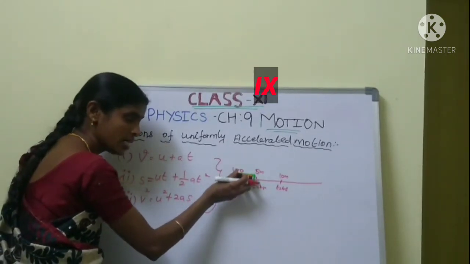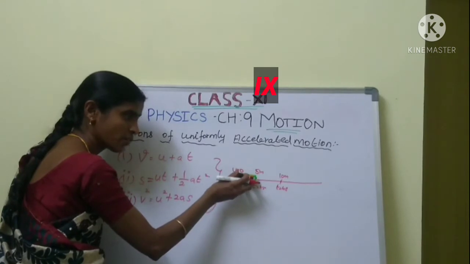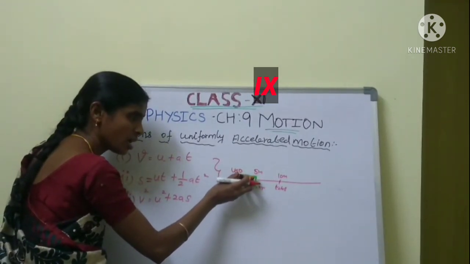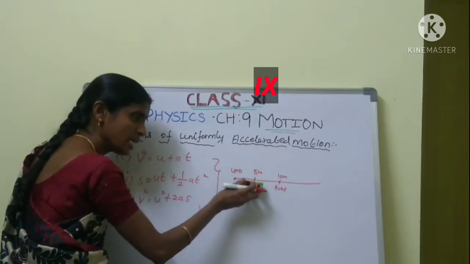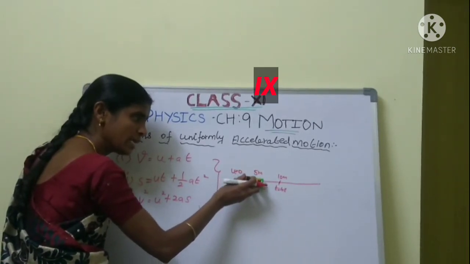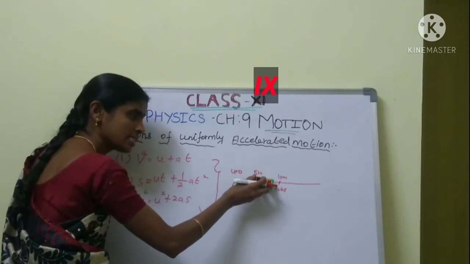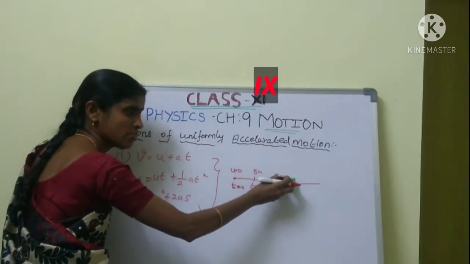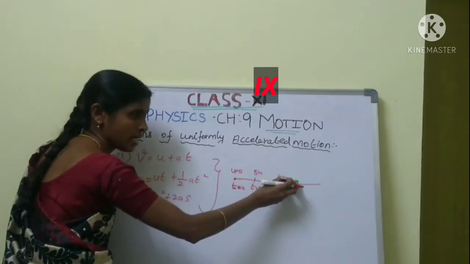This is the car. Initial velocity of the car U equal to 0. Then we increase the velocity: t equal to 2 seconds means the velocity is 5 meter, and t equal to 4 seconds means the velocity is 10 meter.